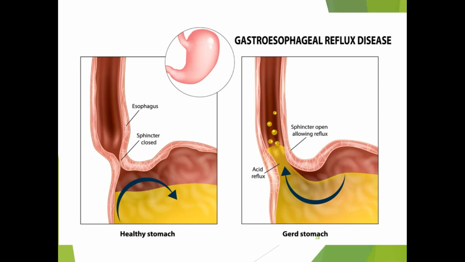Normally, the HCl, pepsin, and other parts of the gastric contents cannot return to the esophagus. But when the patient has problems with the sphincter, it opens, allowing the reflux, and these acid contents return to the esophagus.